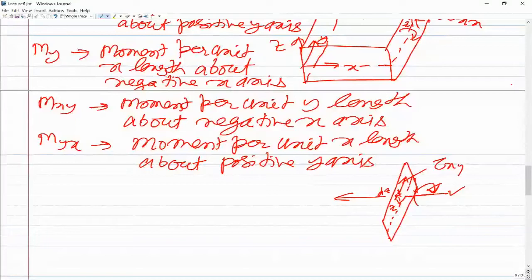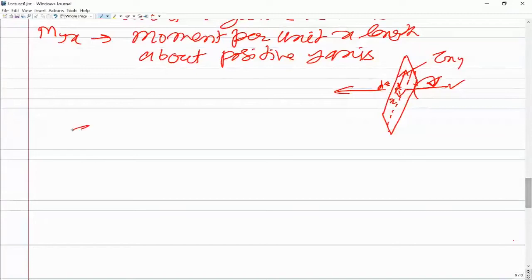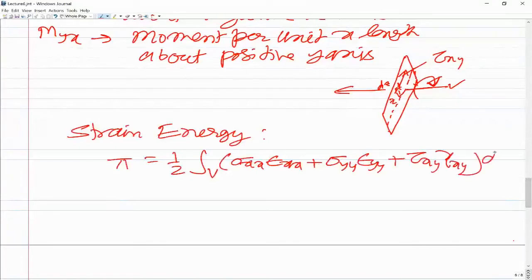So we need to look at the strain energies next. The strain energy, I am denoting that by pi. So pi will be half integration over the volume of the plate, and then we have three pairs of stresses and strains that are non-zero: sigma xx into epsilon xx plus sigma yy into epsilon yy plus tau xy into gamma xy dV.